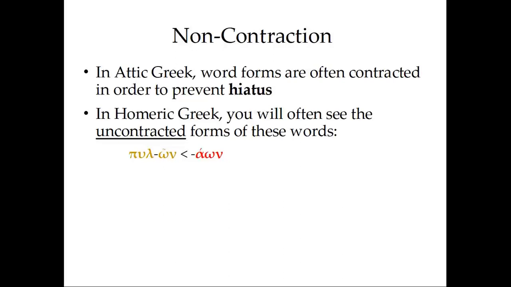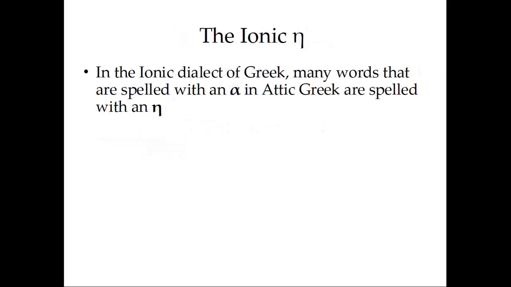So the Homeric Greek form of this is actually going to revert back to the uncontracted form, which is pulaon. So this is something you might see to mean of gates rather than the normal pulon. And that's going to be confusing if you keep your eye on the last couple letters. It will be less so.